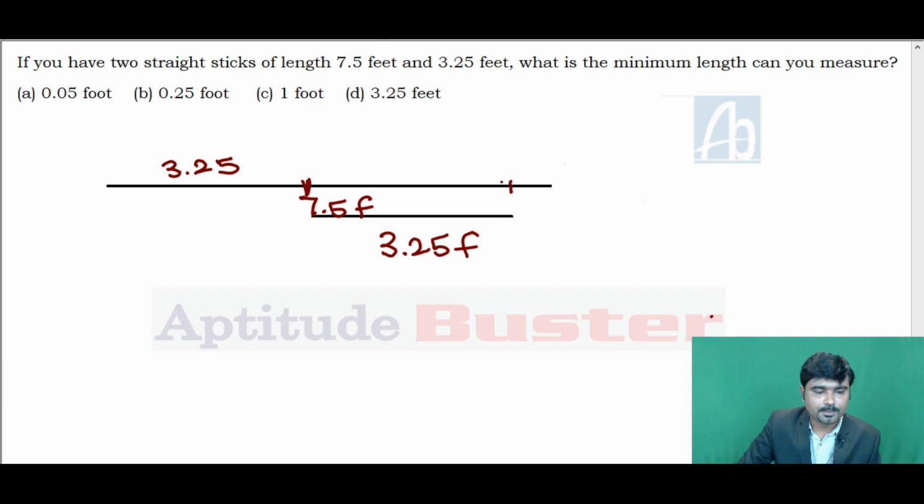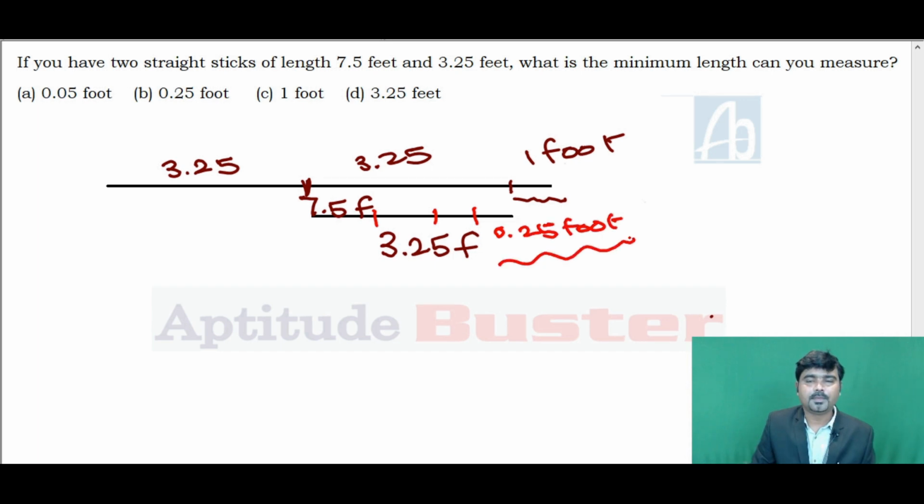Again, you can mark 3.25. The left out is 1 foot, right? Using this 1 foot, you can mark this length as 1 foot, 1 foot, 1 foot. The remaining is 0.25 foot left out, right? Using this, you can measure the minimum length. The answer for this question is 0.25 foot.